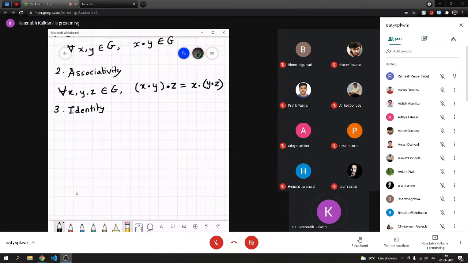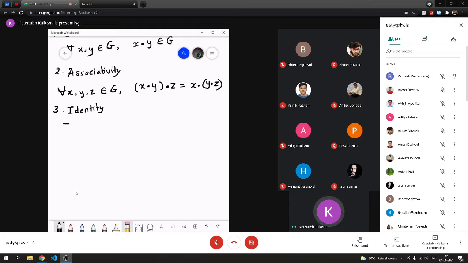Okay, so identity means there exists some E belonging to G such that for all x belonging to G, I'll write it in set builder notation. The horizontal bar means such that.